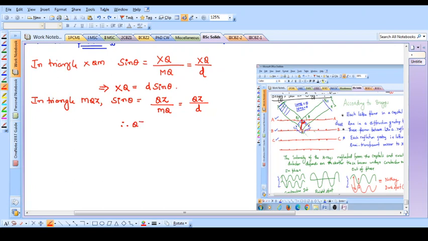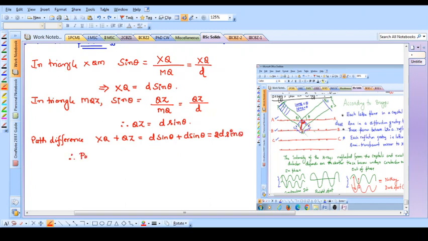So you can find out QZ is d into sin theta. In my earlier slide, I told you that the path difference between the two beams is XQ plus QZ, which now is d into sin theta plus d into sin theta, equal to 2d sin theta.